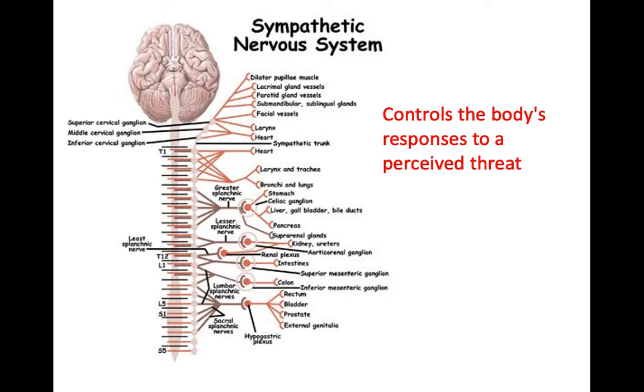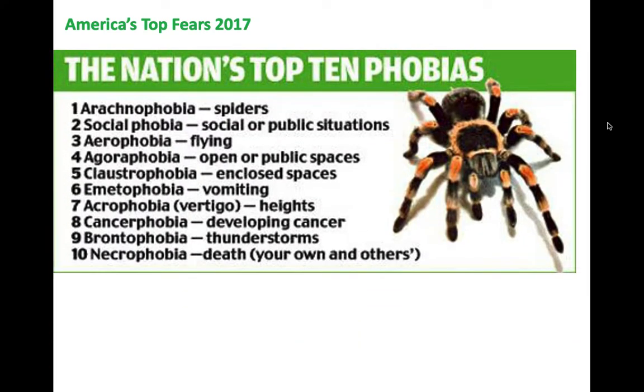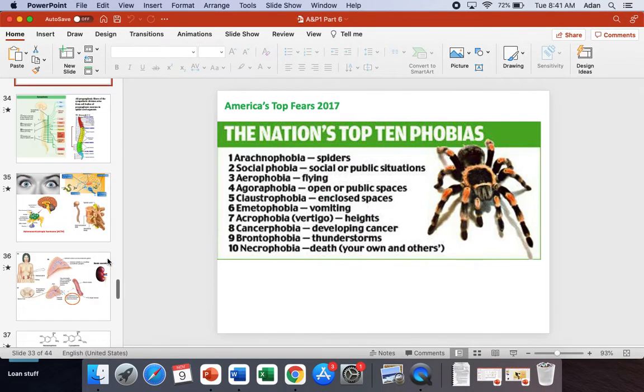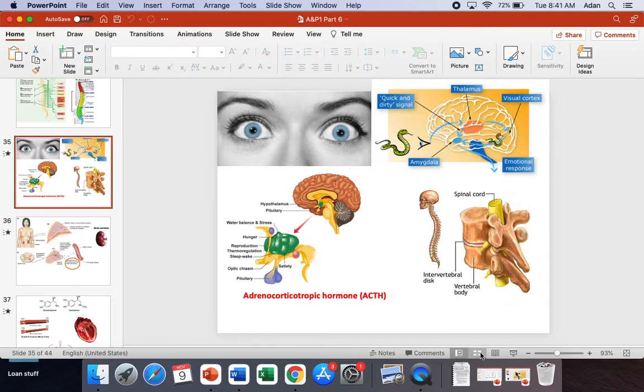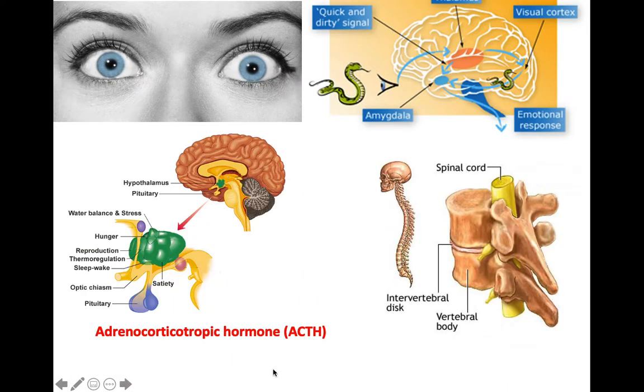This one, again, neurotransmitter associated with it. How does the sympathetic nervous system start? From start to finish. Make sure you let me know, and I talk about it here. I go into detail what happens. Do you know what happens? Adrenocorticotropic hormone.